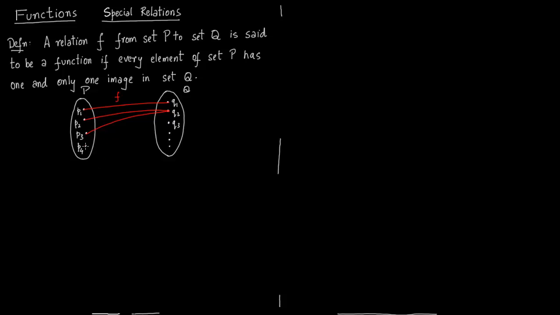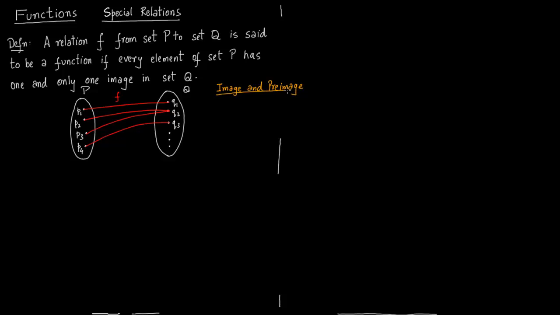So see these points P1, P2, P3 and P4 are all mapped to one point only. So each point in set P has only one image in set Q. The image may not be unique, but it has precisely one image.